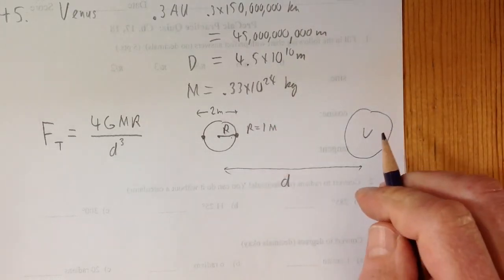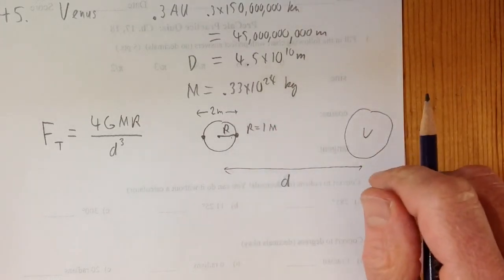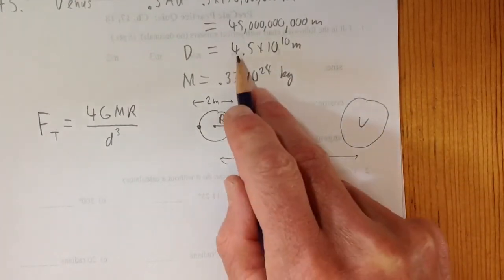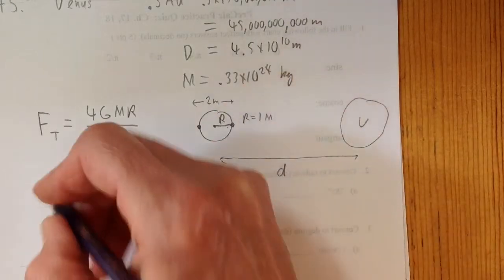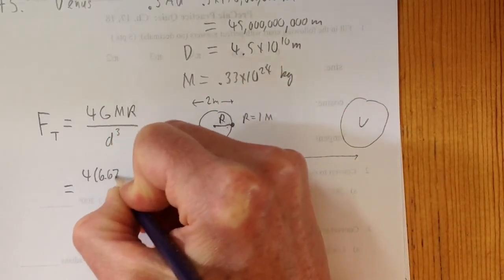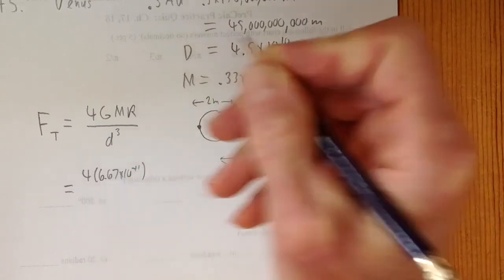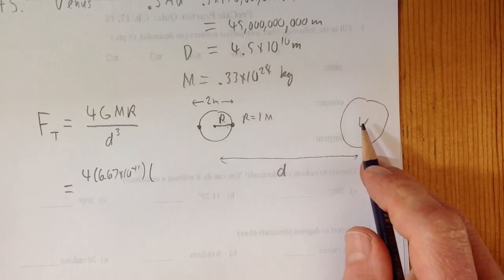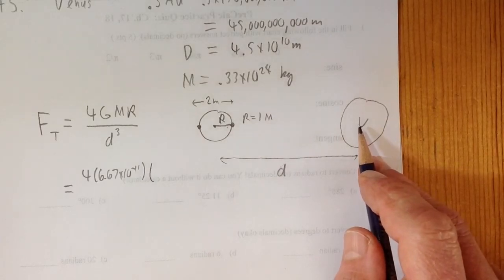Most people are roughly good enough, right? Because we're not spheres anyway. So, okay, R is 1. And we just figured out that D was 4.5 times 10 to the 10th. So we can plug all these numbers in. 4 times 6.67 times 10 to the minus 11th times the mass of Venus.